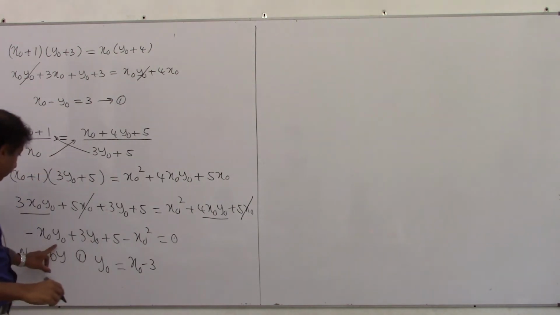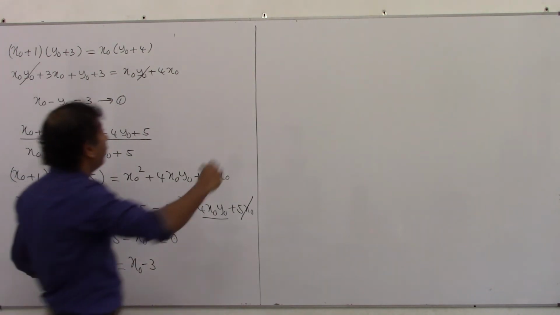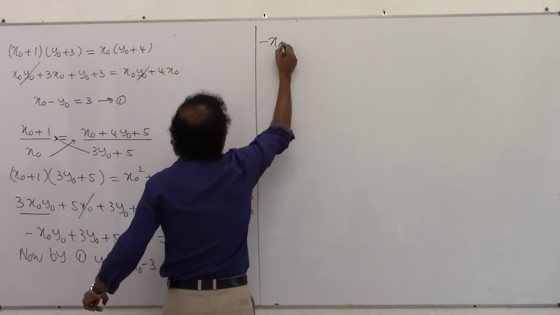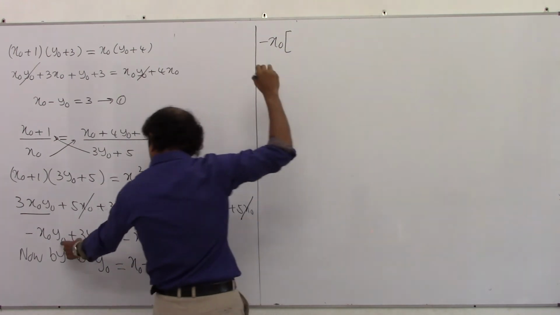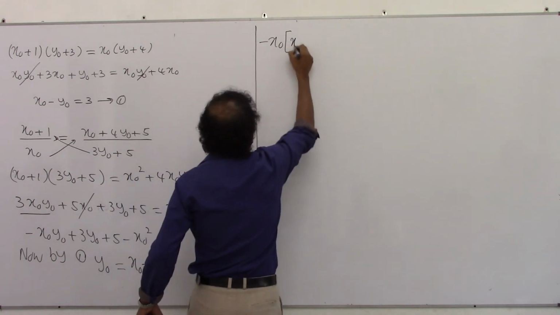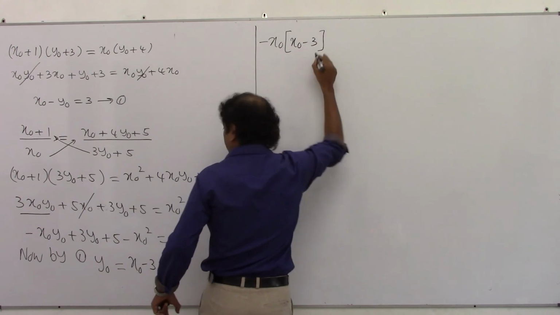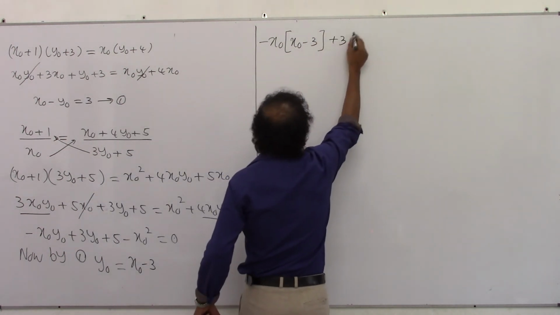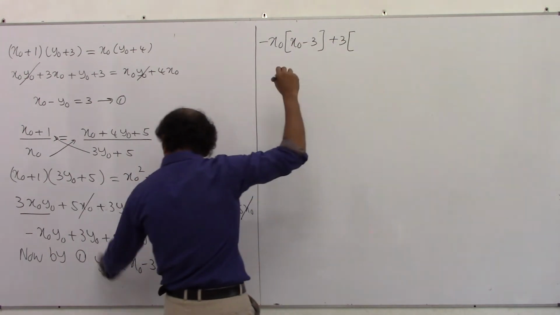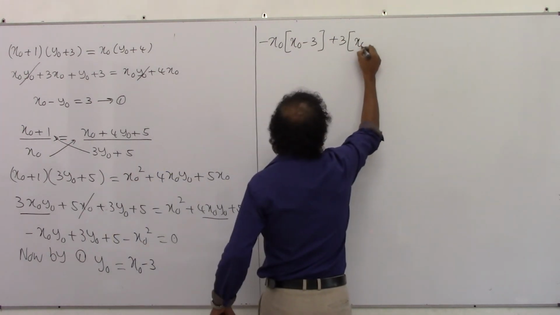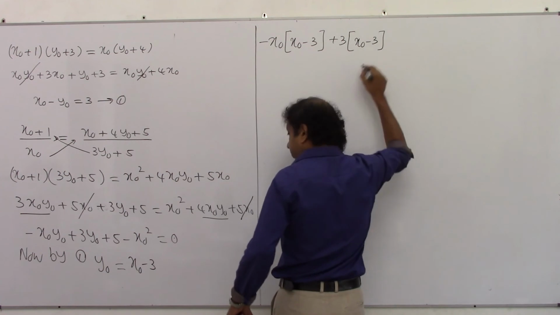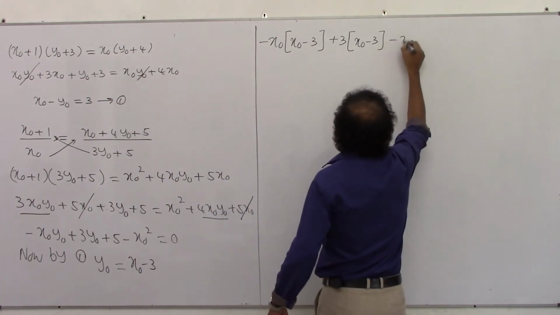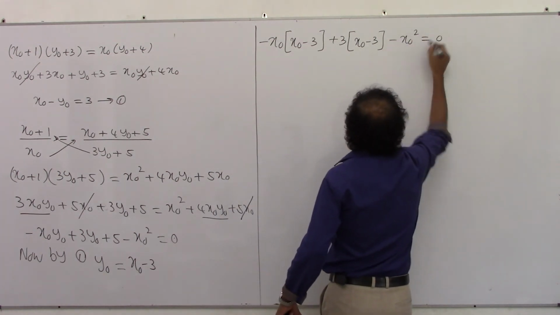Here put minus x naught times y naught, which is x naught minus 3, minus 3 times y naught, x naught minus 3, minus x naught squared equals 0.